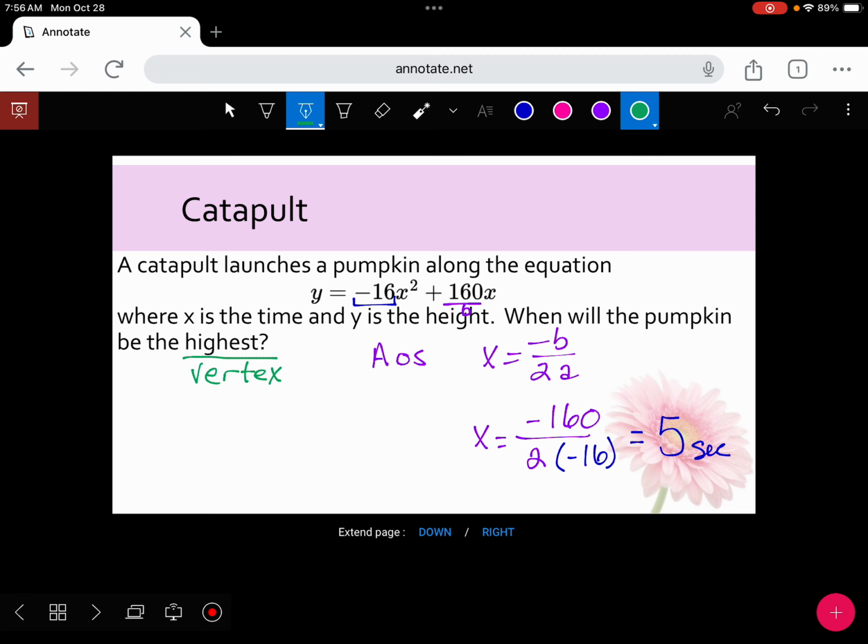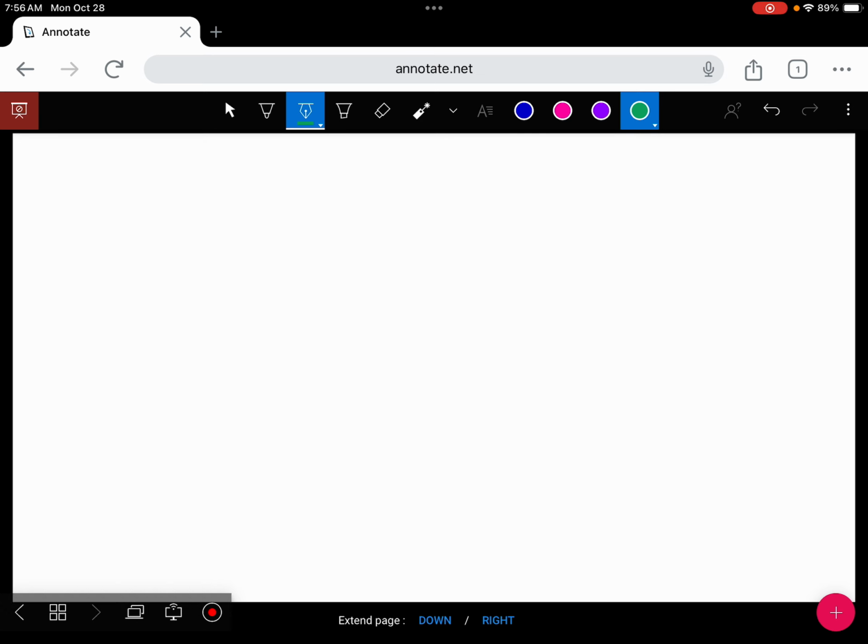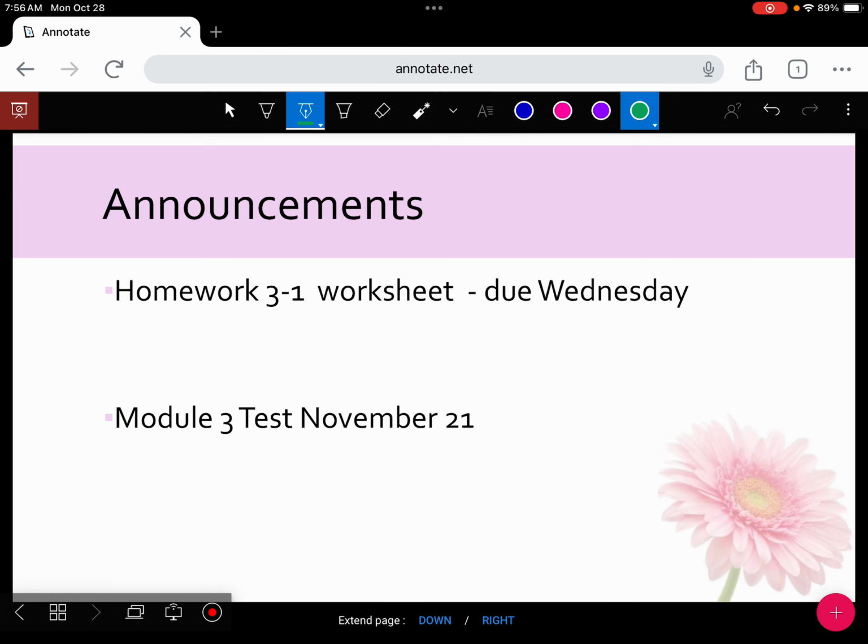So, start of a new chapter. We're also going to use this tomorrow. Some of these have things like vertex form in them, which you might remember how to do from not last chapter, but unit 1, when we were doing absolute values and all our polynomial things.